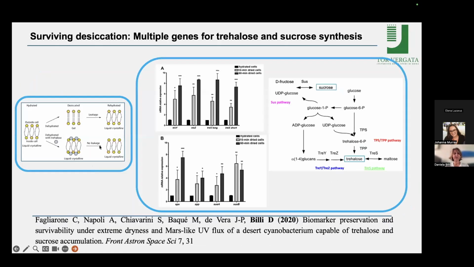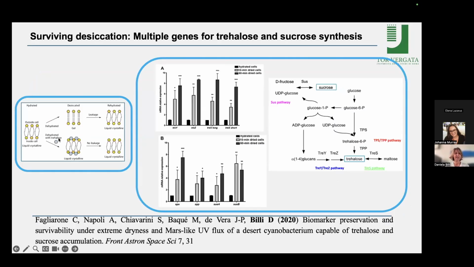Of course, surviving desiccation also means that you have to stabilize your subcellular structures while the water is removed. There is the trehalose water replacement theory, which is very well diffused among organisms that are named anhydrobiotic.